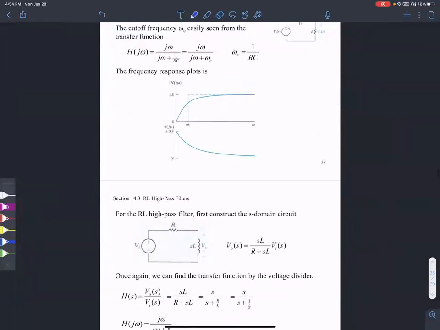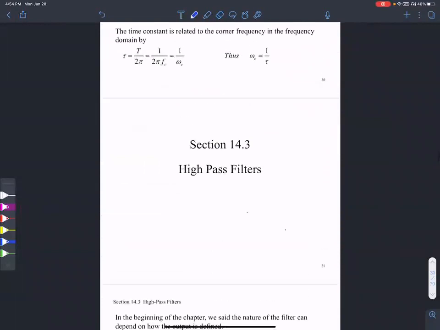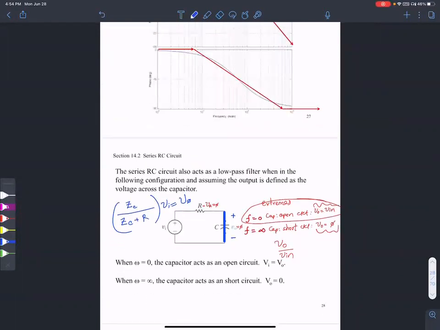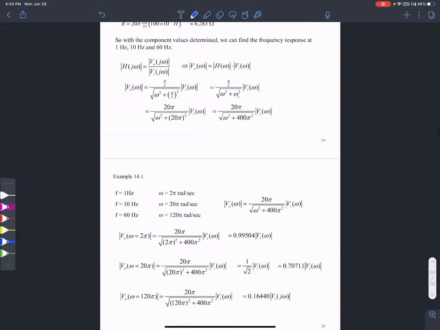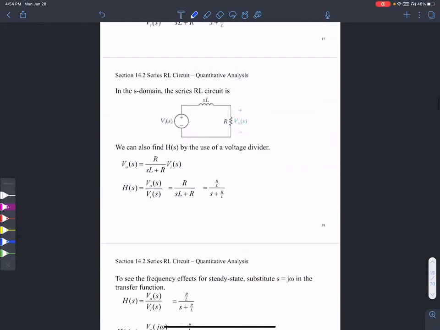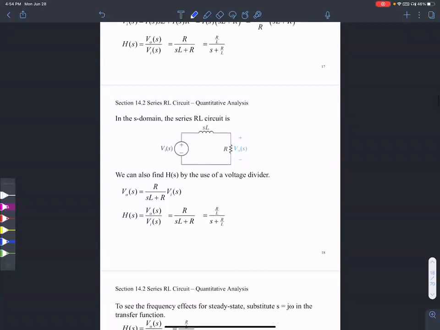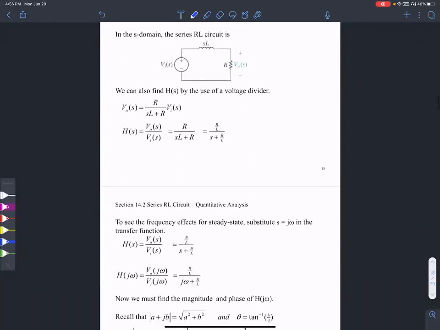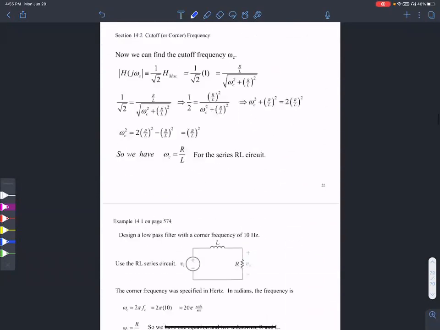Professor, I had a quick question. For the inductor, you showed the impedance when omega is 0 and when omega is infinity, the mathematical representation. But for a capacitor, I just don't get the math behind it. Isn't it 1 over omega?